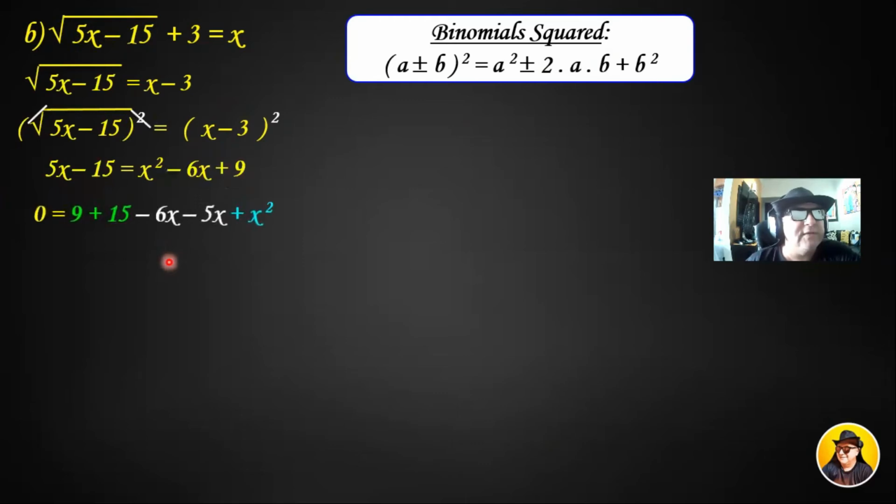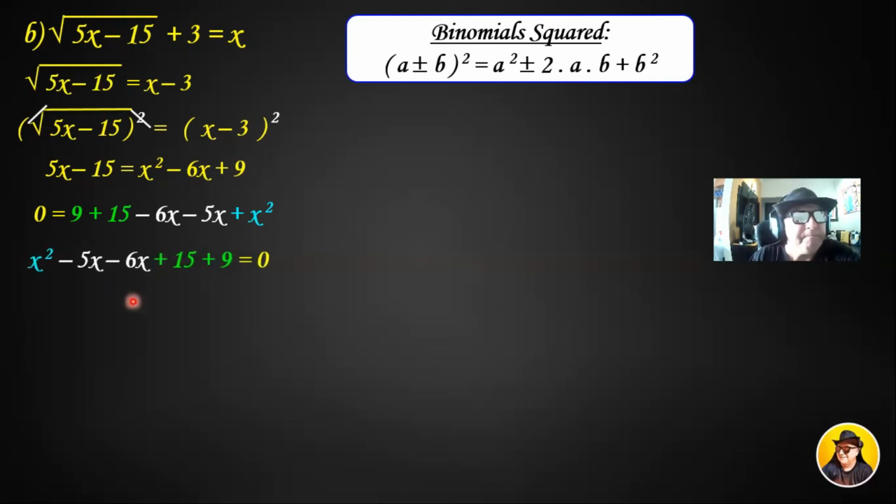Okay, so 0 is 9 plus 15 minus 6x minus 5x plus x squared. Now I'm going to rotate the equation in order to get the 0 on the right side of the equation, because it is better for me to answer. You can see? So I did a kind of rotation.